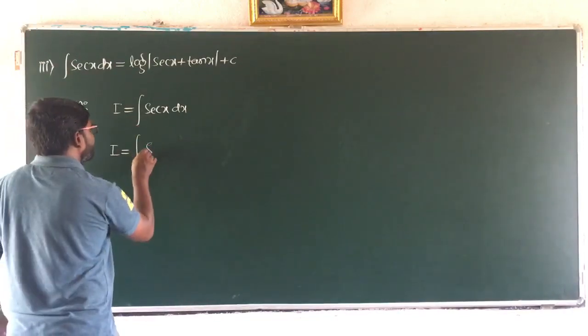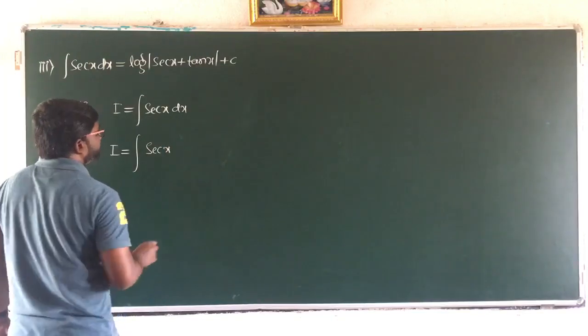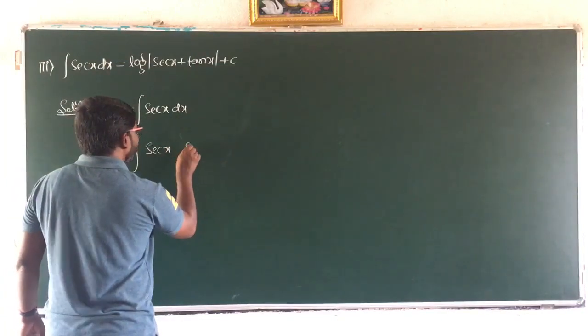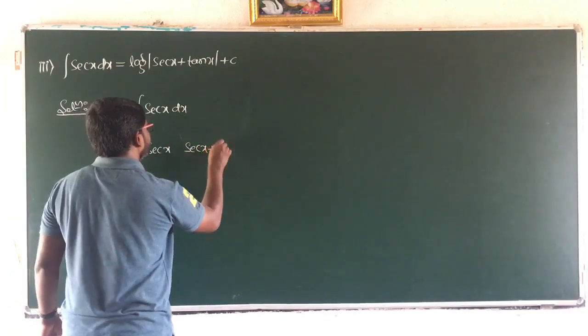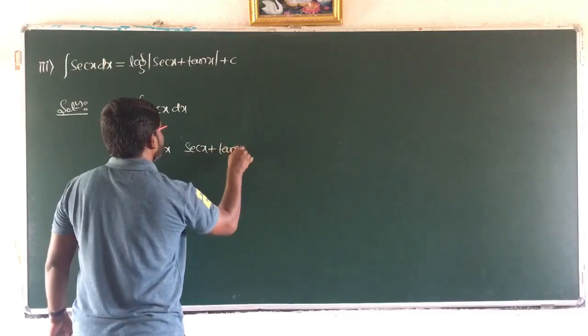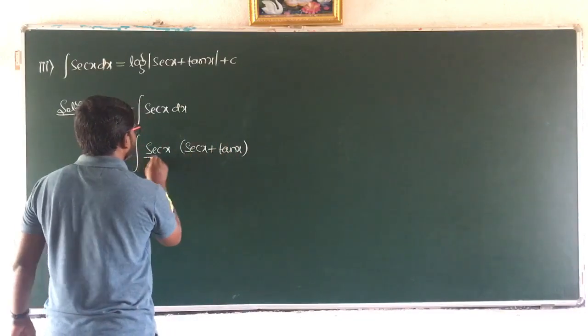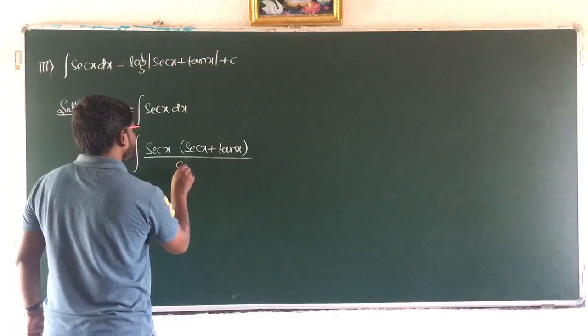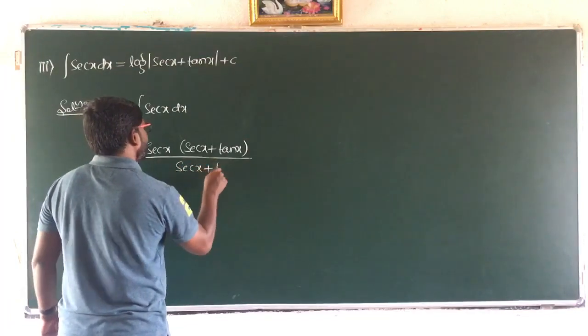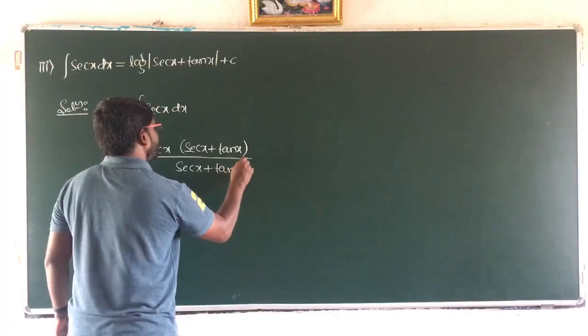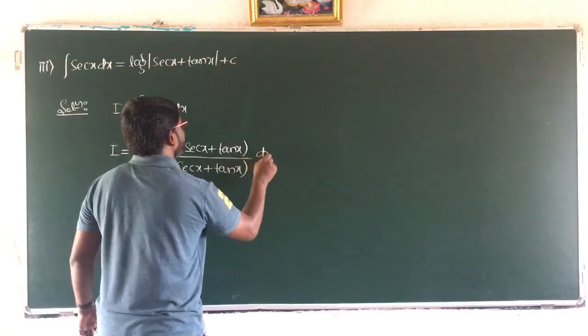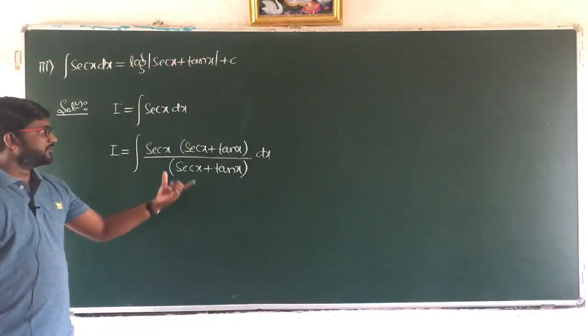So write this as secant x, multiply and divide by secant x plus tan x, and here secant x plus tan x dx.